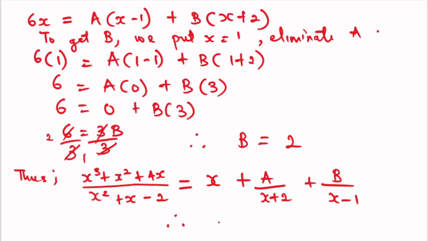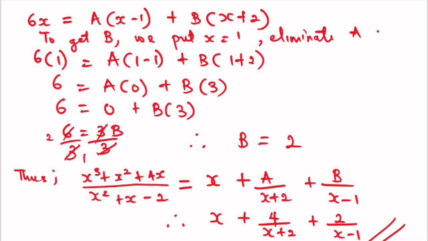So therefore our final answer is x plus, with the value for A we got, 4 over x + 2, plus the value for B we got, 2 over x - 1. This is the answer for this question.